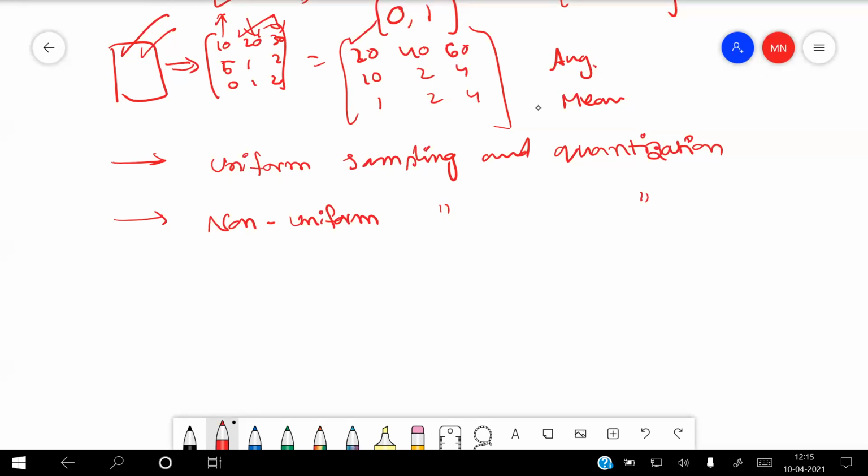Non-uniform sampling and quantization means, say this is an image. You have only one object, that is one person. We have a fixed amount of intensity values because it is only one object. We have identified this is the area with maximum intensity and the remaining are minimum intensity.